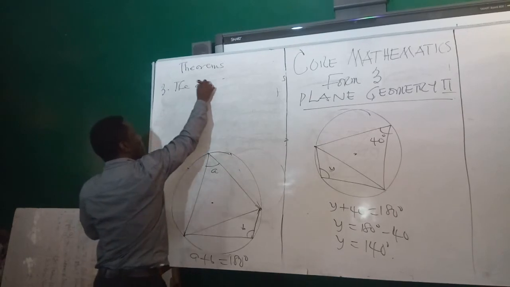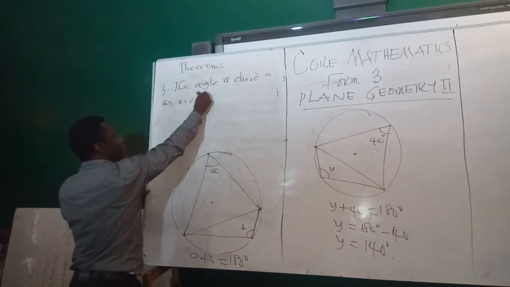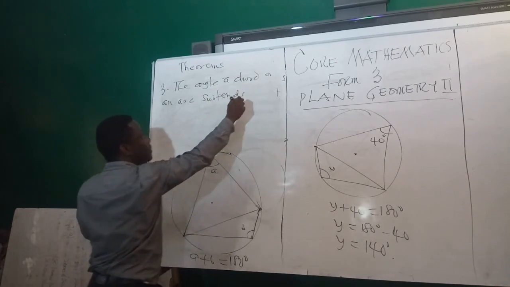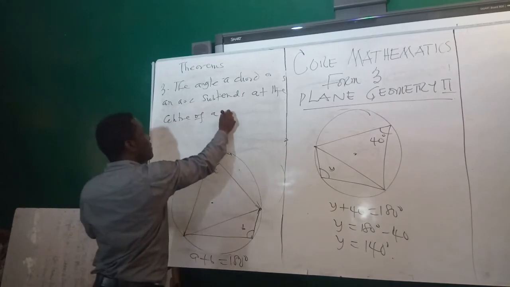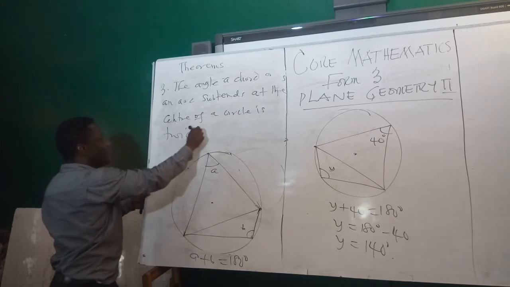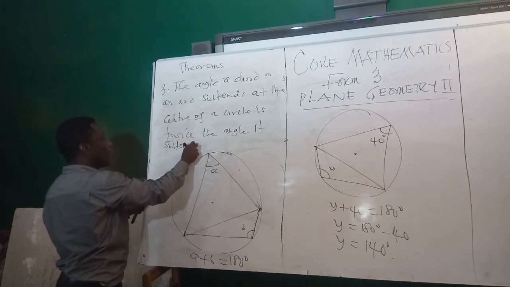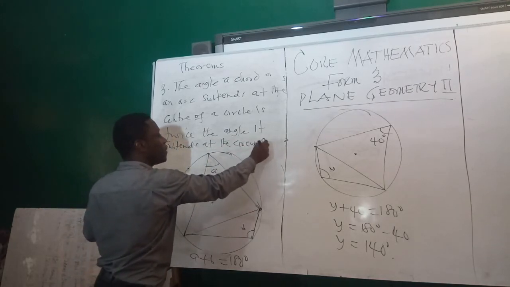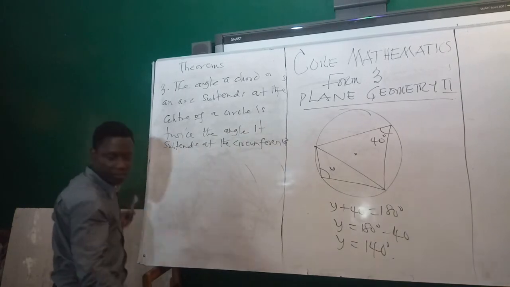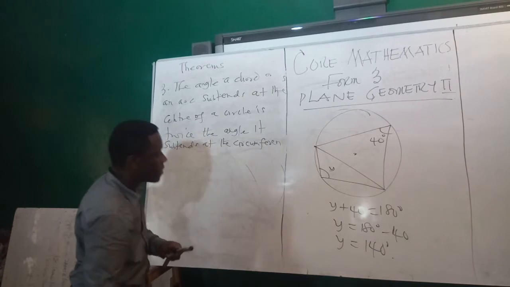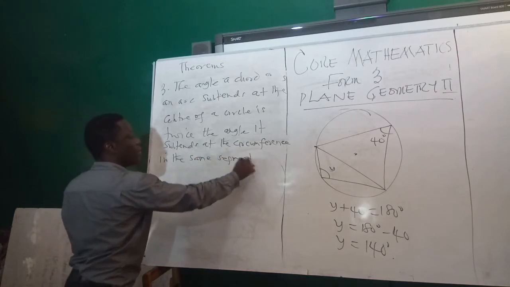The angle a chord or an arc subtends at the center of a circle is twice the angle it subtends at the circumference in the same segment.